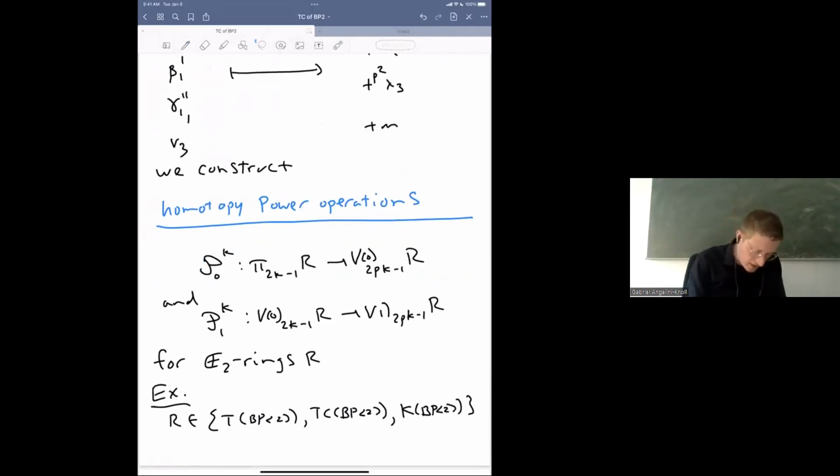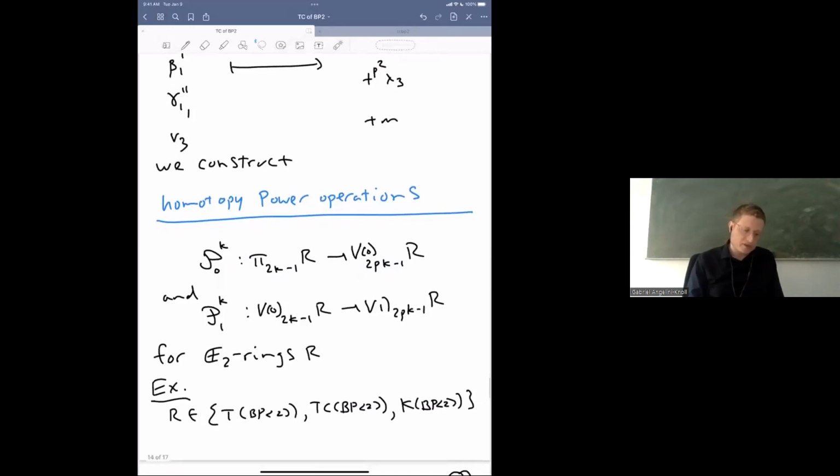So this upper K is actually the index. These are homotopy power operations, but notice that they shift from a type n complex to a type n+1 complex. And these are homotopy power operations that you have for E2 rings.